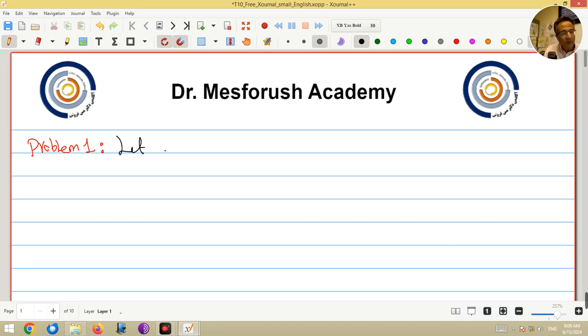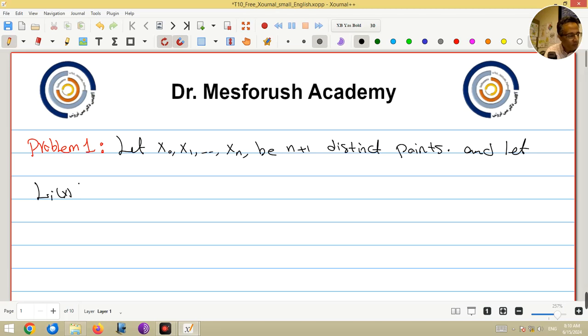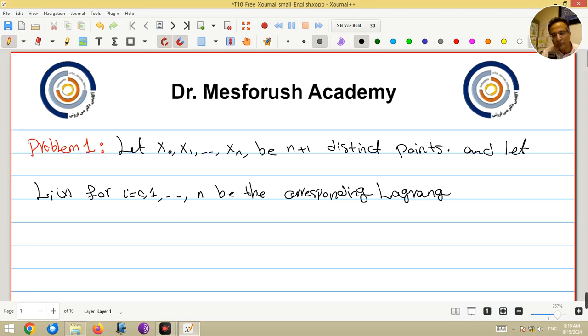Let x0, x1, ..., xn be n plus 1 distinct points, and let Li of x for i equal to 0, 1, 2, ..., n be the corresponding Lagrange polynomials.